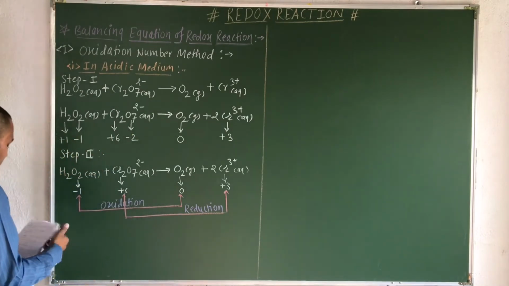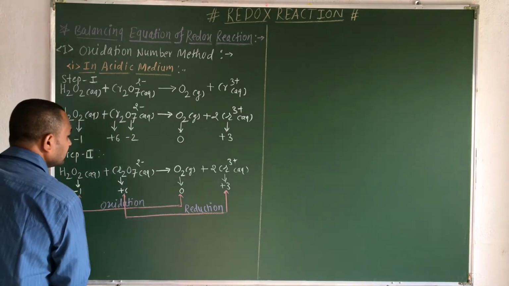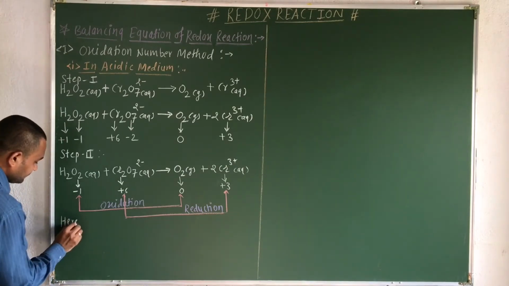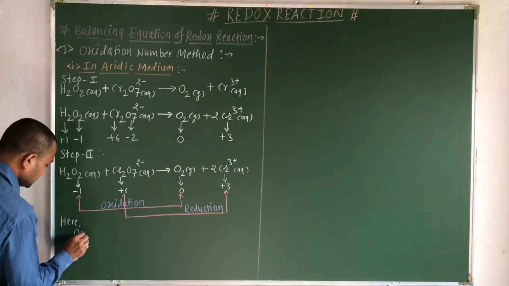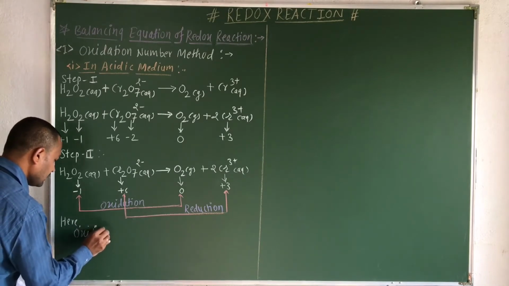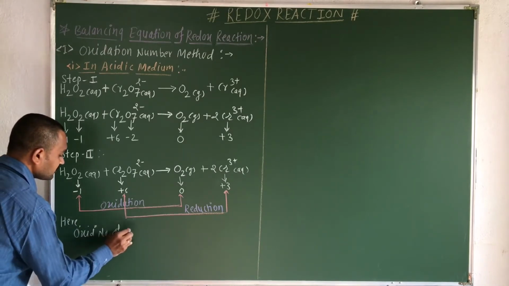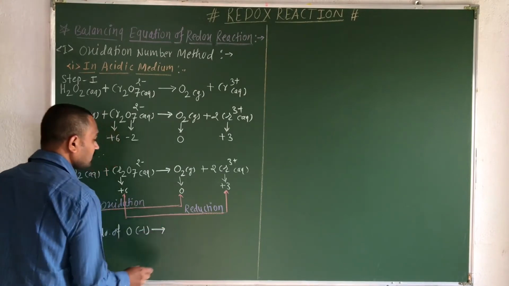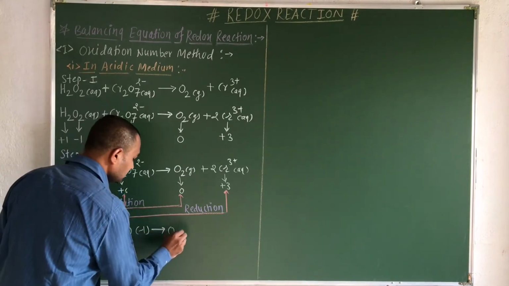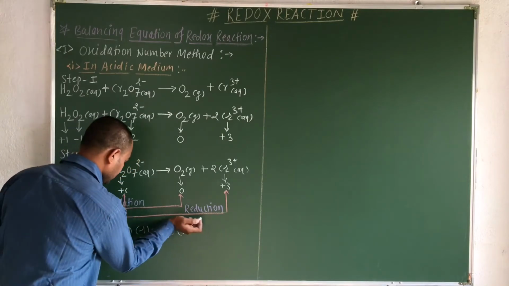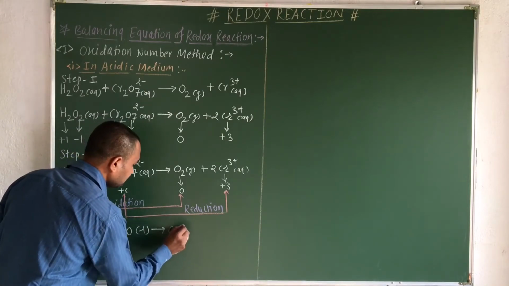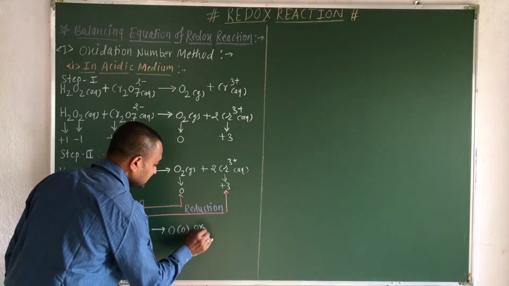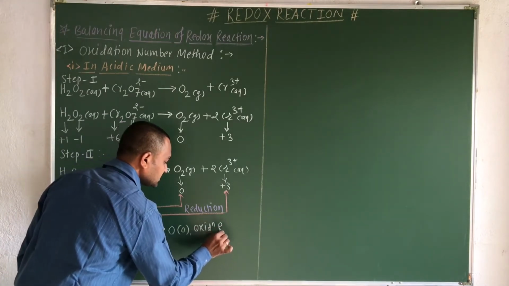Now again here we have to simply note down the oxidation number of oxygen atom, that is from minus 1, the oxidation number goes to 0 for your oxygen atom. Okay, so this is nothing but your oxidation reaction.